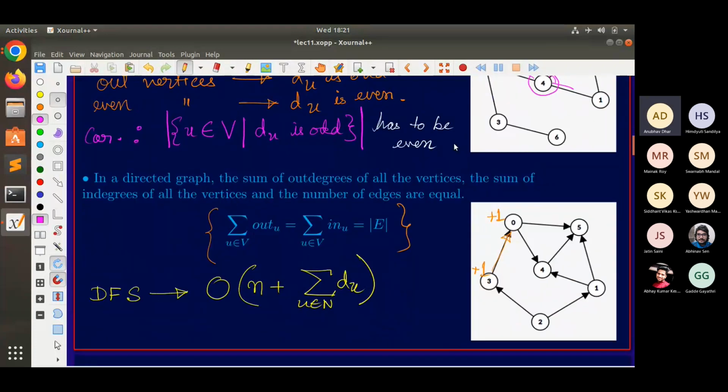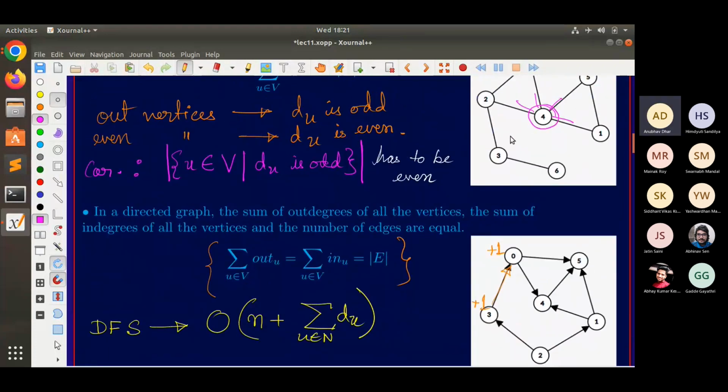One might argue that the degree of a particular vertex may be as large as n minus 1, and since we are summing that up for all n vertices, this should be order n squared, right? Is this true?